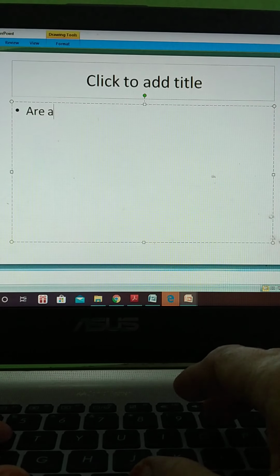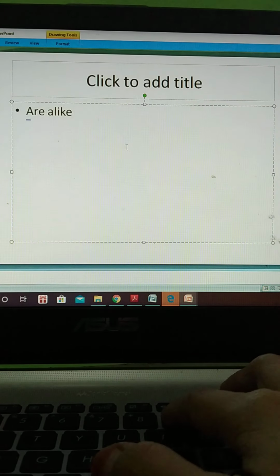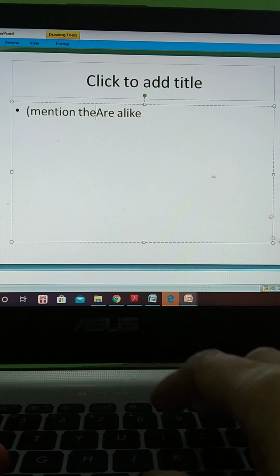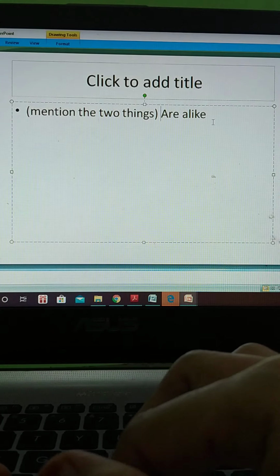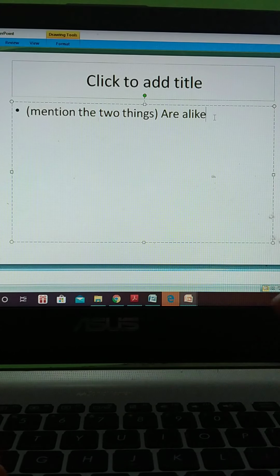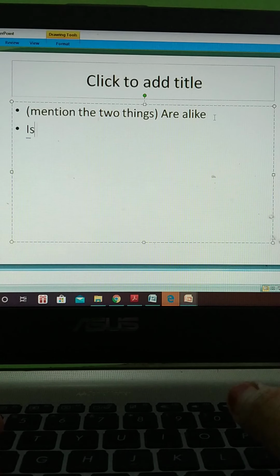Are alike. So before are, why is it are? Because we mention two things. So you need are alike. It is never is alike because you compare two things. And then is similar to.